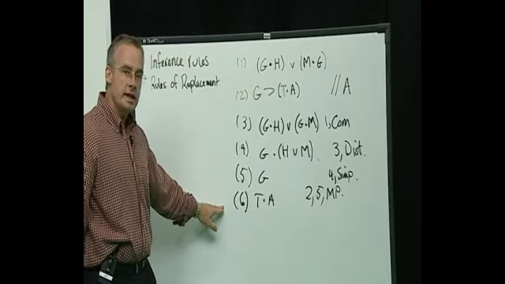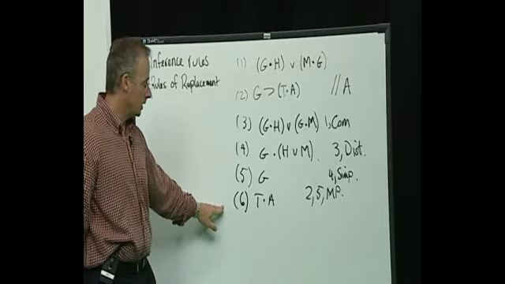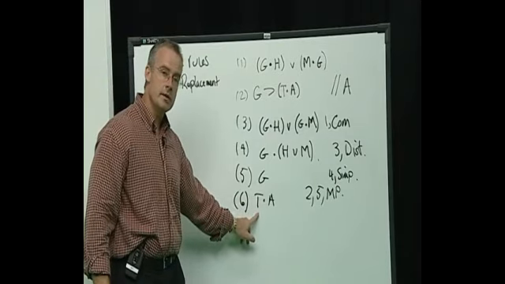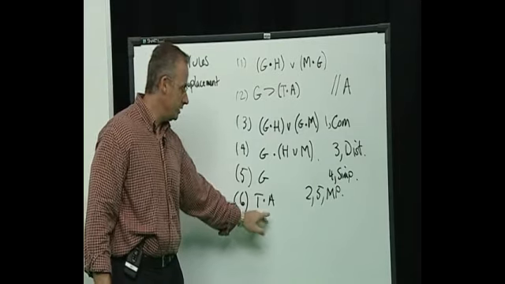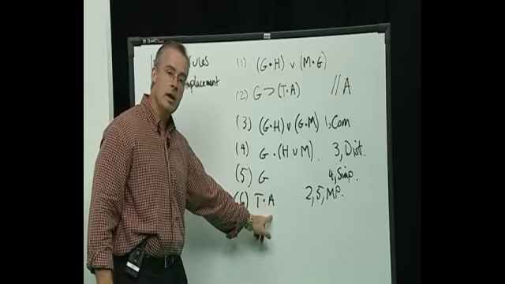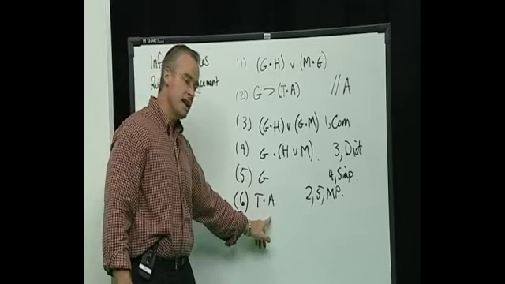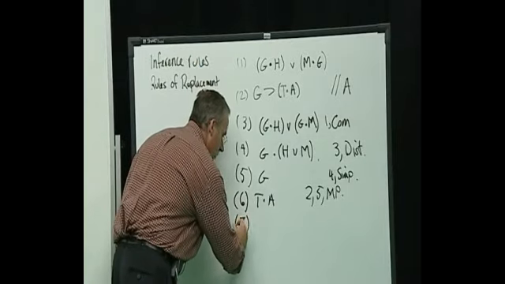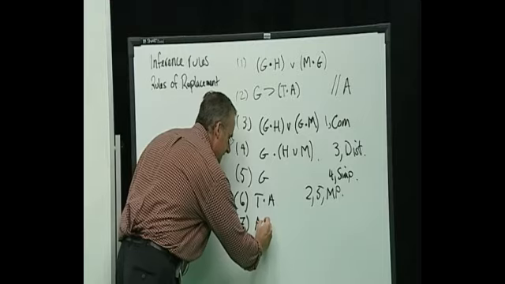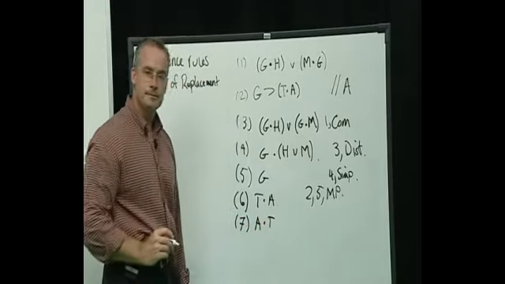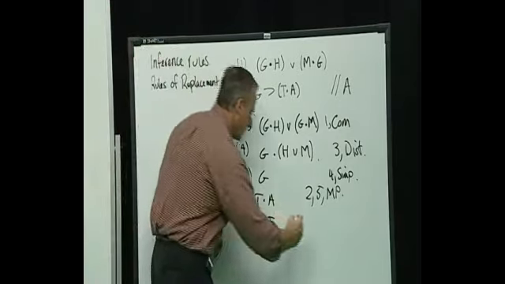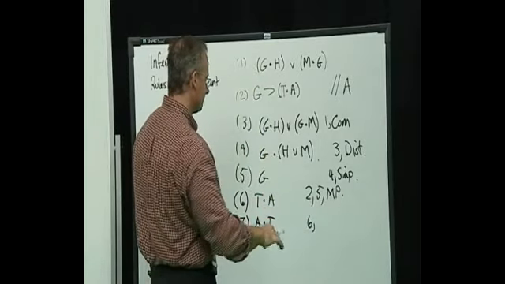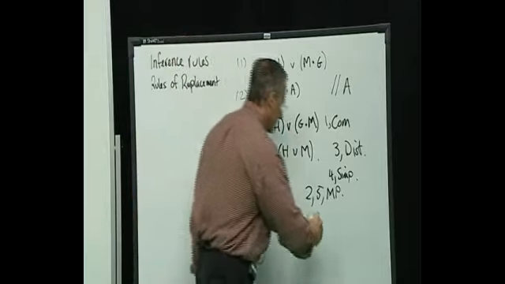Now, the rule of simplification, as it's written in your textbook, only allows you to pull the leftmost piece of a conjunction out. We can't use simplification here to pull out A because the rule says only the leftmost component. So the seventh line here will simply be a rewriting of line 6, A and T. And that rule comes from line 6, and it's the same rule that we used up here, commutativity.